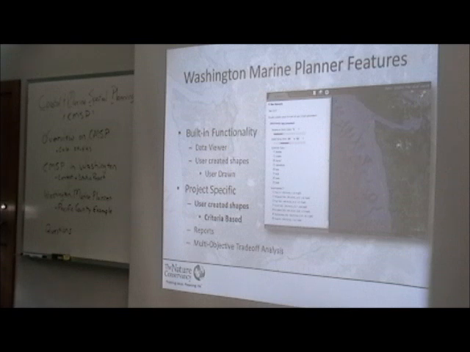And so moving into the project specific, this is where we get into this scenario analysis that evaluates different management objectives. And in there right now we have the management objective for renewable energy, offshore renewable energy, wind, wave, and tidal. And we have a management objective for marine conservation, so benthic conservation, nearshore conservation, and then open water conservation.